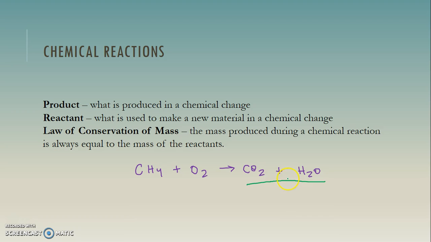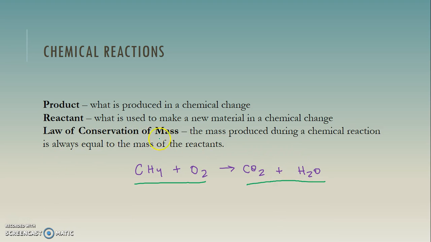Those are produced, they come out of it. These on the left side, these are the reactants. They're like your starting ingredients. So if you think of this kind of like a recipe, the reactants go in, they're usually on the left of the arrow, and the arrow points towards the products or the things that come out.